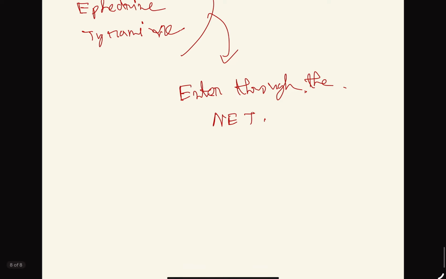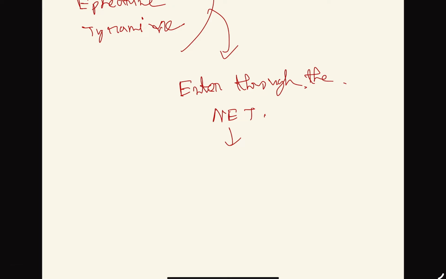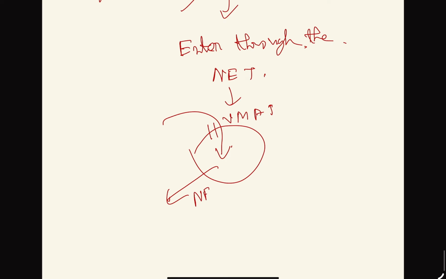By entering through the norepinephrine transporter, they get into the vesicle by the vesicular monoamine transporter, and they release the norepinephrine from the vesicle. So when the norepinephrine gets released from the vesicle, it is released into the synapse.